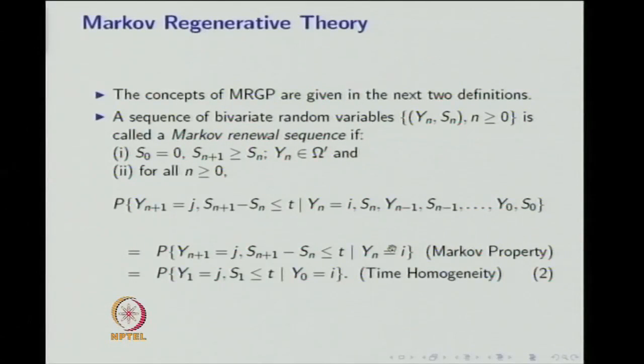The probability of Yn+1 equal to j, with the difference of time instants less than or equal to t, given that the system was in some state Y0 at time instant S0, till the system was in state i at time instant Sn, is the same as the conditional distribution with only the latest information: the probability of Yn+1 equal to j, the difference of regeneration time points less than or equal to t, given only Yn equal to i.